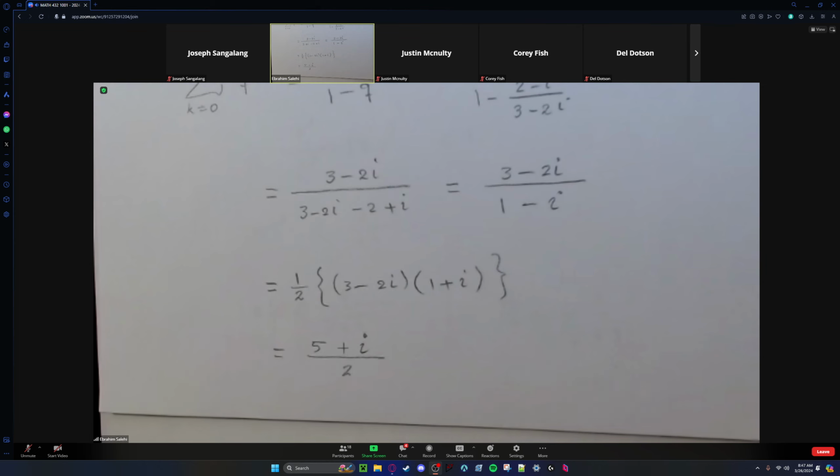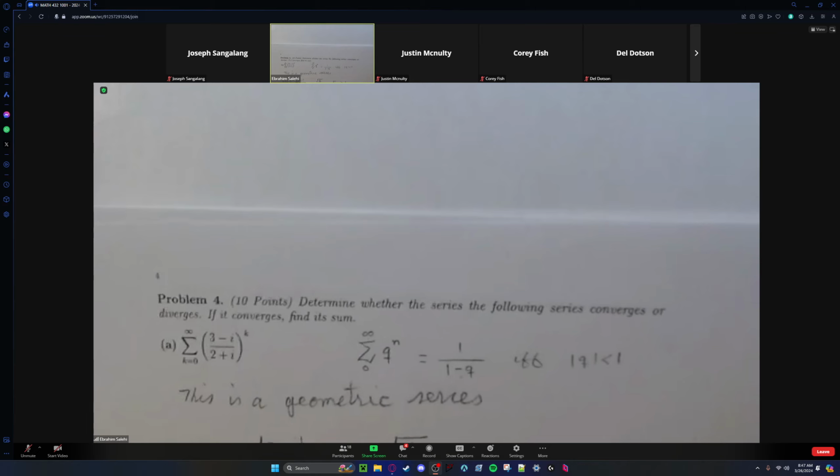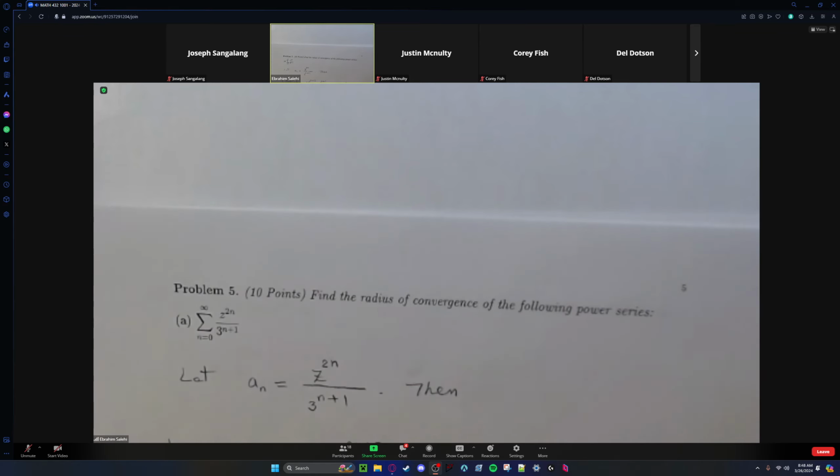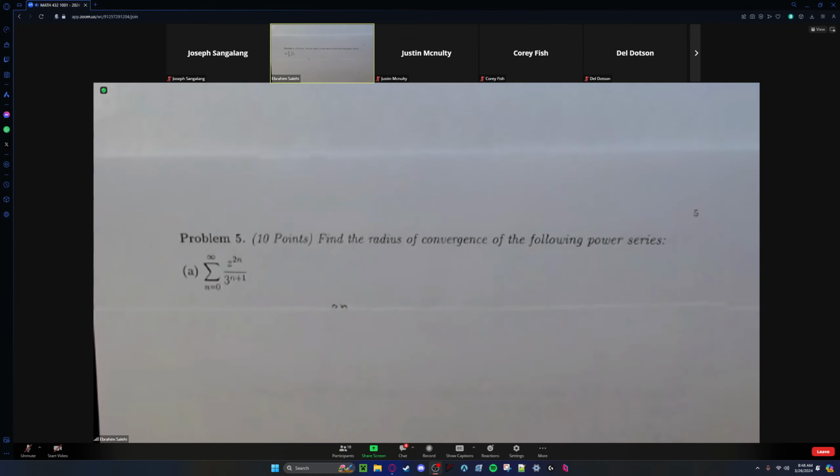Okay, number 5. Number 5 was about finding the radius of convergence.